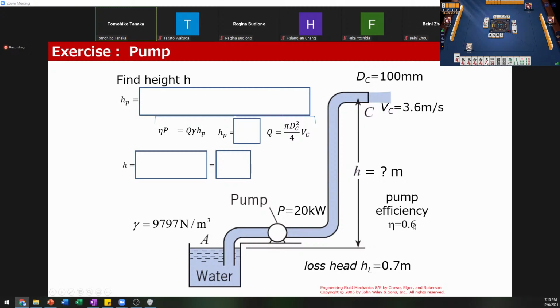Pump efficiency is 0.6 and loss head is 0.7 meters, the diameter of the pipe is 100 millimeters, and the velocity at the exit VC is 3.6 meter per second. So find the height here. The pump input power is 20 kilowatt. Okay.